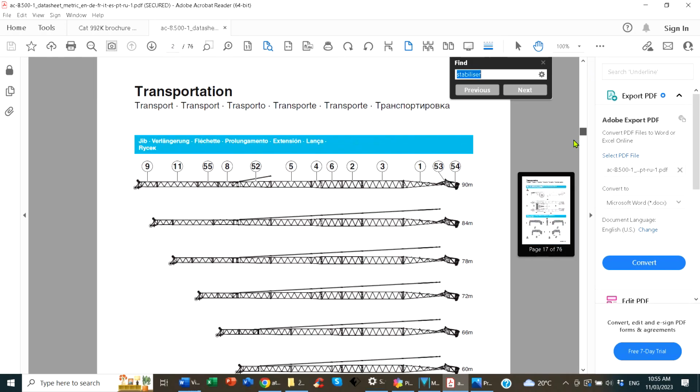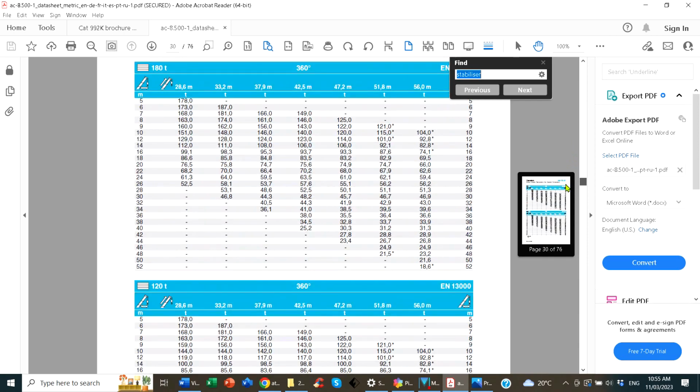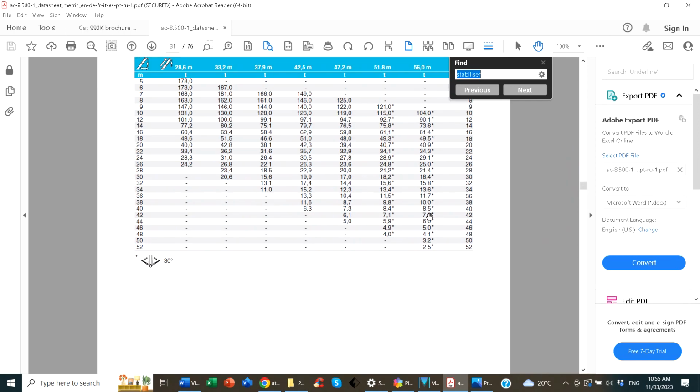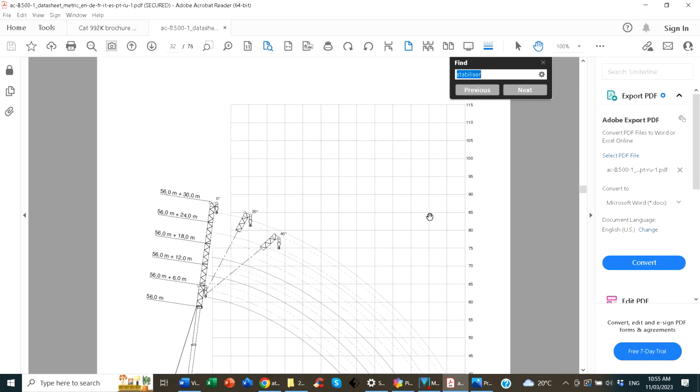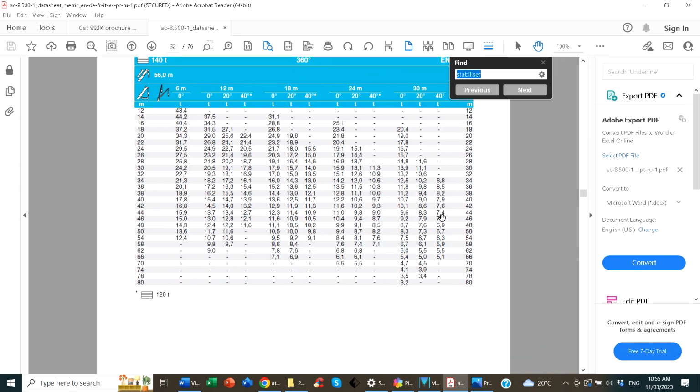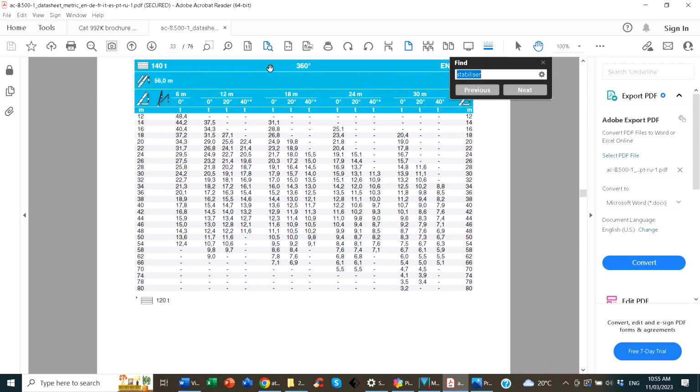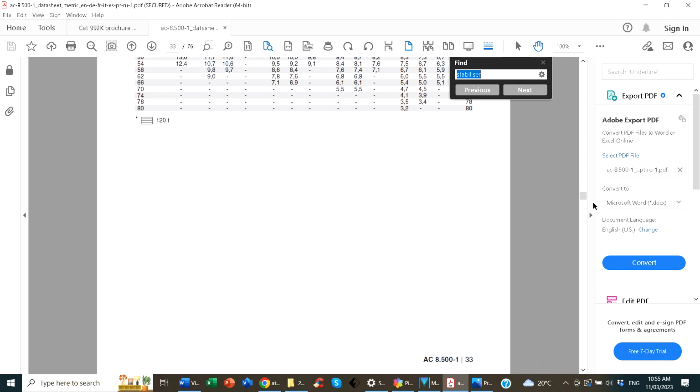This is their spec sheet. I'm going to go down here and we're going to look at how well defined it is. So typical crane, capabilities 360 degrees with different booms, different boom angles and so forth. Well defined for any normal crane.